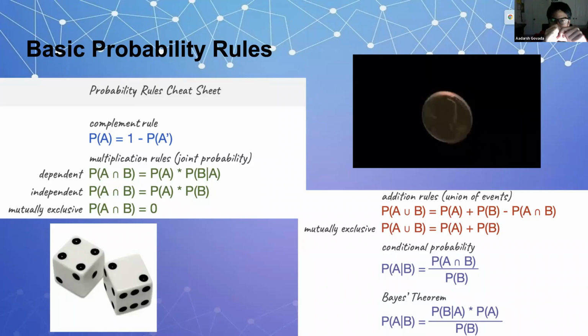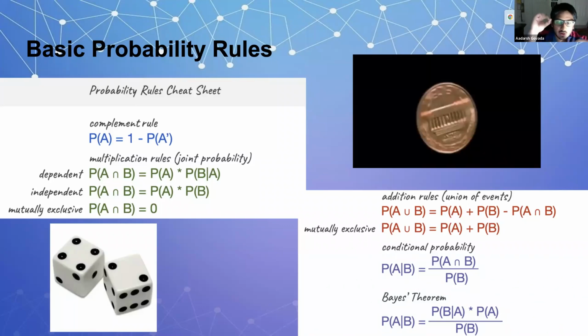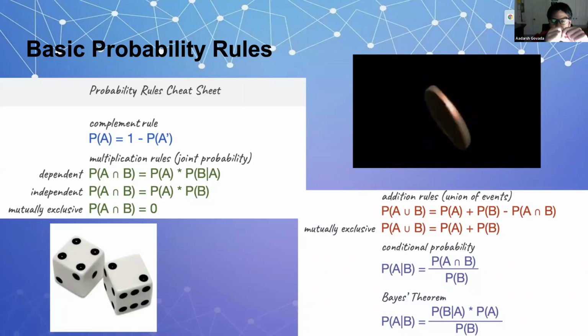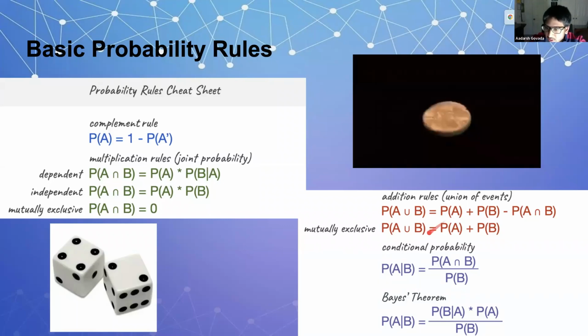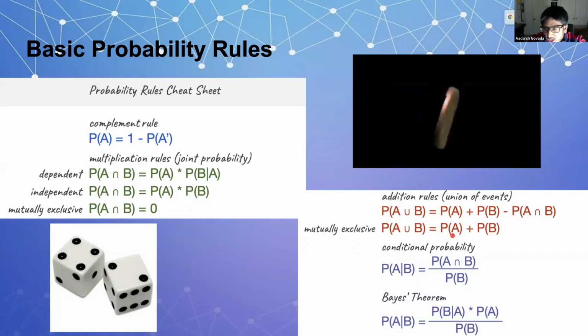That would be the probability of landing in this circle or this circle minus the probability of landing in the middle. Then if they're mutually exclusive, which means the circles don't intersect, then we don't have to subtract the probability of landing in the middle because there is no middle. So now we can just add the probability of A and the probability of B.